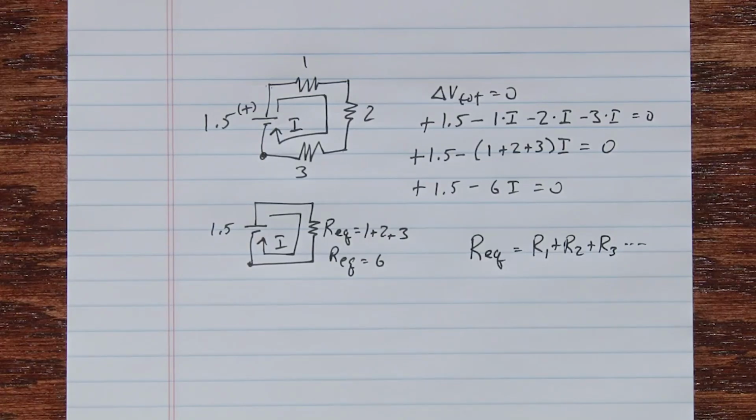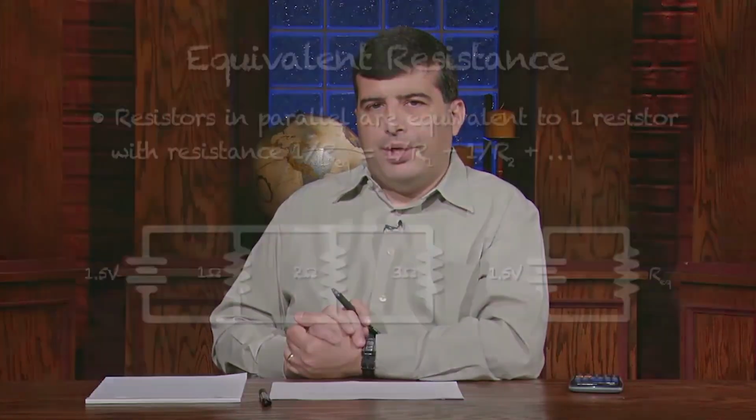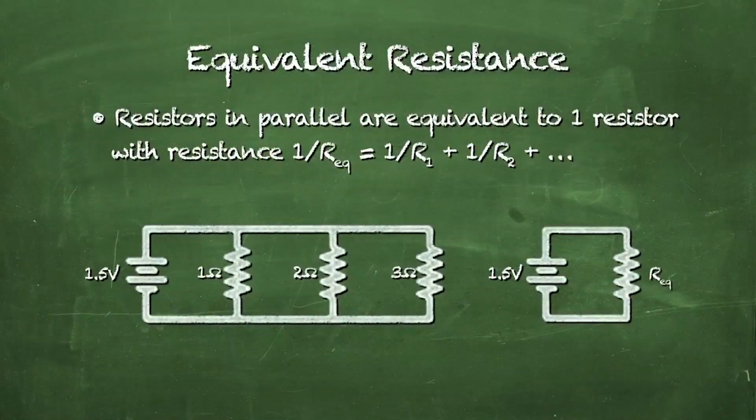The other elementary case for combining resistors are resistors in parallel. Now when resistors are in parallel, they are equivalent to a single resistor with resistance given by this equation. 1 divided by the equivalent resistance is equal to 1 divided by resistor 1 plus 1 divided by resistor 2, and so on.